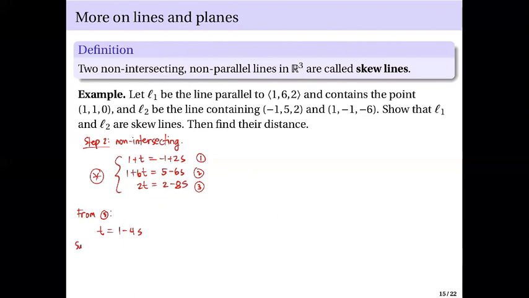We will have 1 plus t. So 1 plus 1 minus 4s is equal to minus 1 plus 2s. So this is just 2 minus 4s equals minus 1 plus 2s.